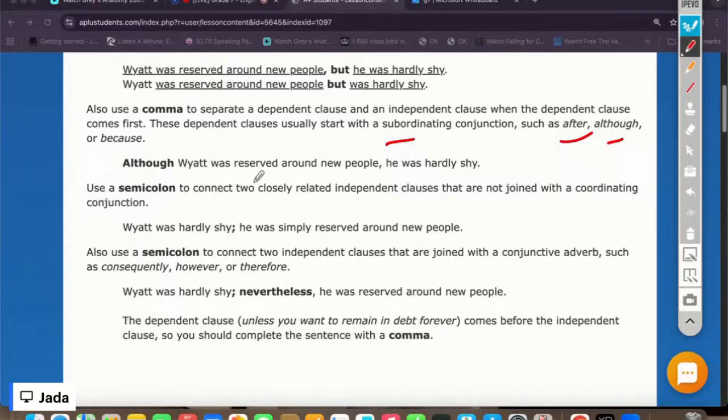So we have: Although Wyatt was reserved around new people, he was hardly shy. So although here is a subordinating conjunction. That means it's starting with a dependent clause, so we have to put a comma in between them.